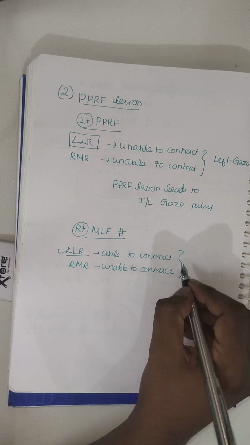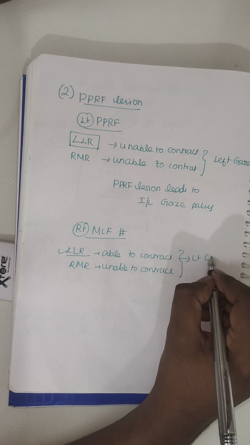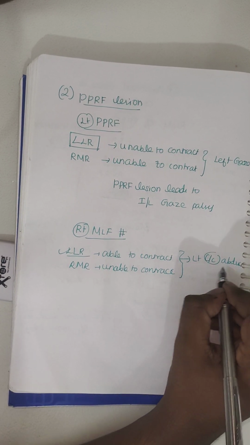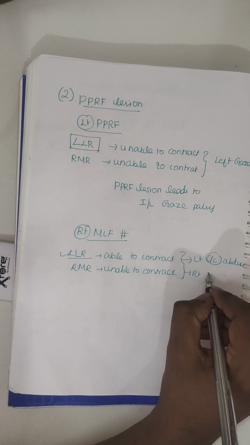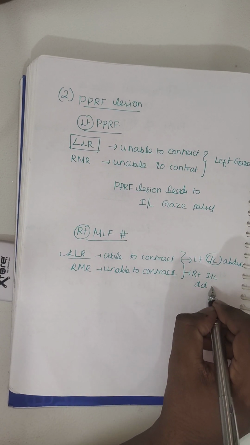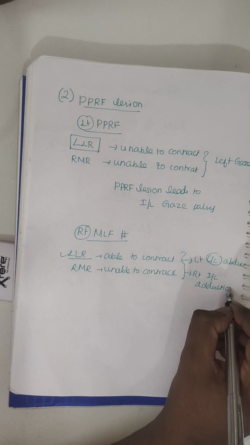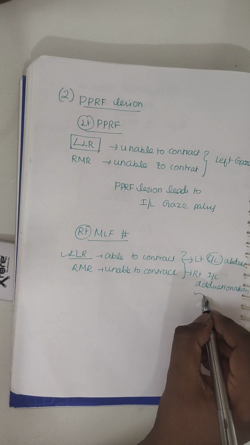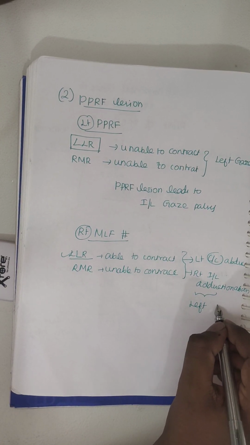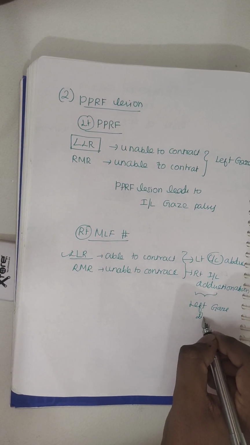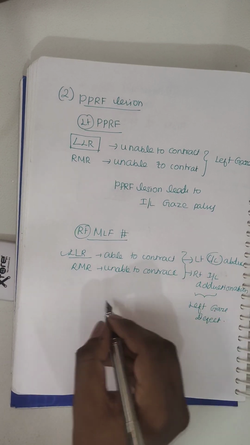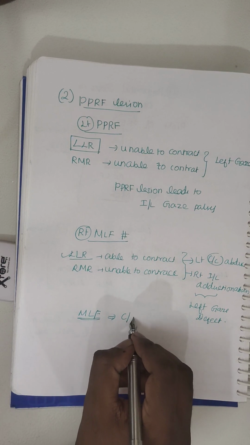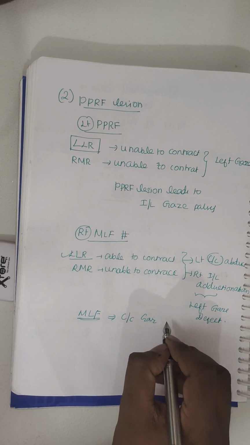This will lead to left contralateral abduction present and right ipsilateral adduction absent. This leads to left gaze defect. MLF lesion leads to contralateral gaze defect.